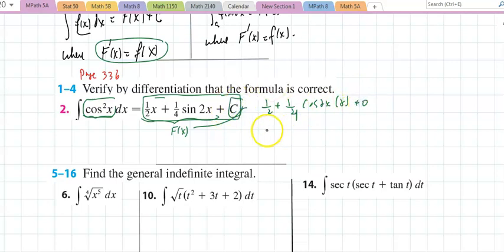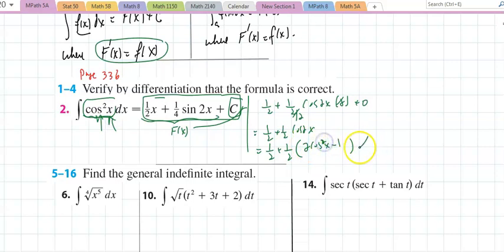I'm just writing that for the notes. That's 1/2, and this 2 cancels with that. That's 1/2 the cosine of 2x. And wouldn't that be 1/2? Cosine happens to have 3 identities. To get this cosine squared, that would be twice the cosine squared of x minus 1. And that would be 1/2.